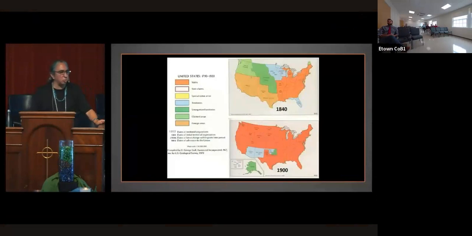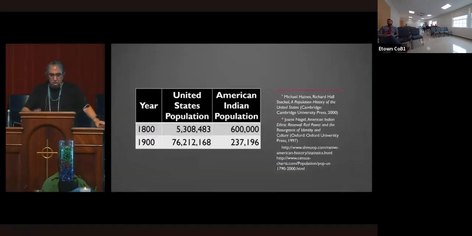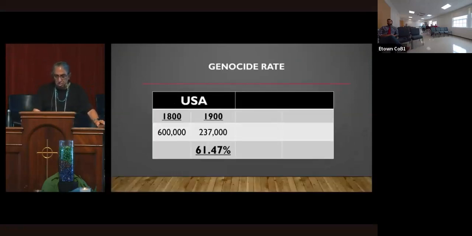At the end of the period, this is what the nation looks like. We got all the way across the continent to the Pacific Ocean. During the 19th century, the majority population balloons from 5.3 million to 76.2 million, and the native population collapses from 600,000 to 237,000. If you're doing your math, that's a 61.47% rate of genocide.